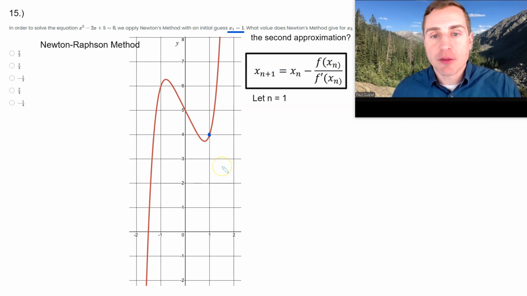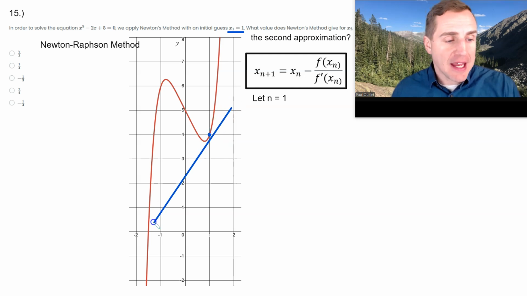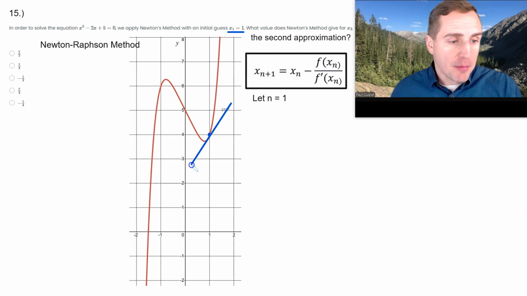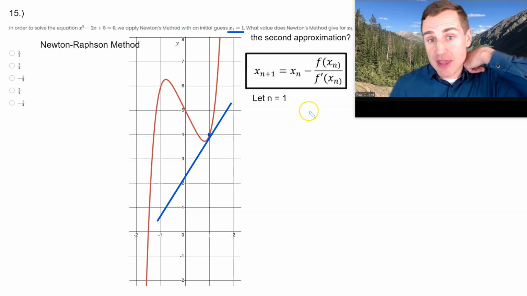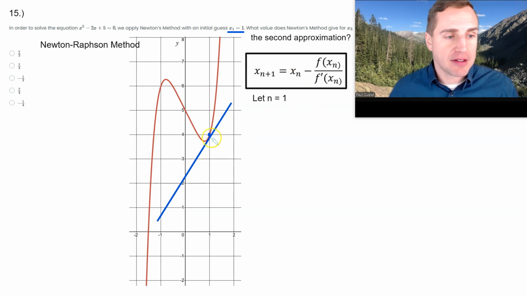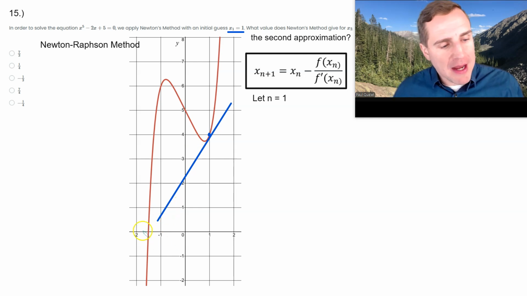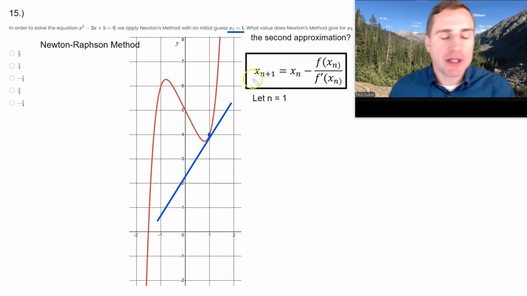So starting at x equals 1, what we're going to do is we're going to have a tangent line that's parallel to this. That's what the derivative has to do with. And we're going to see what Newton's method, that's the Newton-Raphson method, gives us. Now, by the way, one more thing. It's very possible we might not get closer to the correct answer, but in this case, maybe we will. But let's see.